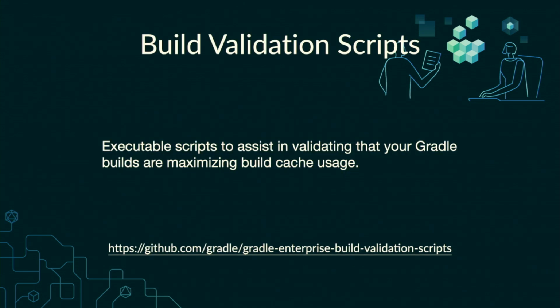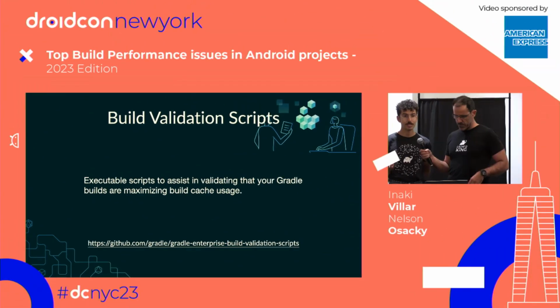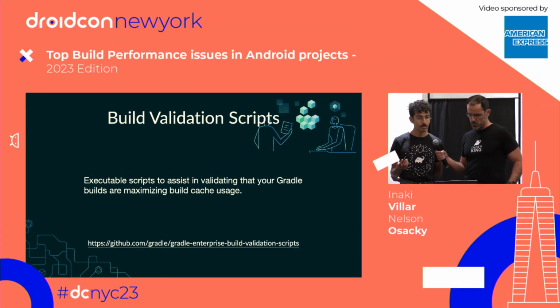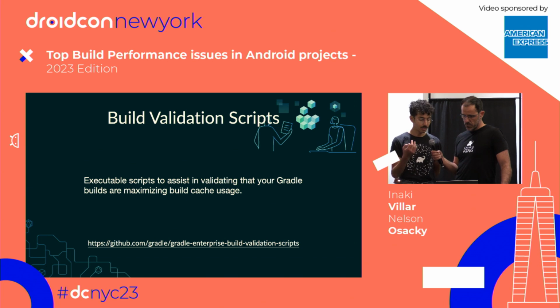For that, we are offering the build validation scripts, a tool to execute the validation of the cache in your projects in different scenarios. So we have clean builds. What else, Nelson, in terms of the validation? Yeah, it's a series of experiments you can run on your builds to understand why cache misses are happening, and to also help you, it saves all the outputs of all the builds, which makes it really easy to analyze the miss.